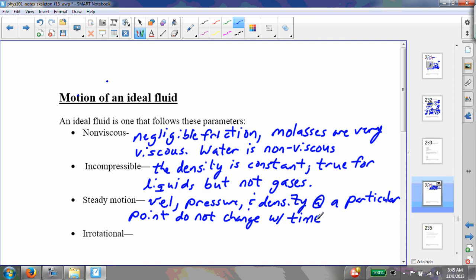And then finally, irrotational. That means that there's no circular motion in the fluid. There are no eddies or turbulence, for example.